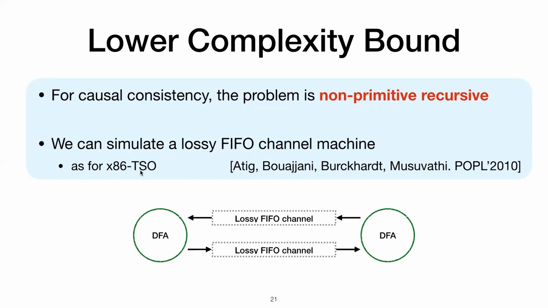It's exactly the same reduction that appeared for x86 TSO in this paper. Essentially, one uses the memory to simulate the channel, and things just work, without any difference between TSO and causal consistency. In particular, there aren't any write races in this reduction. So this is very similar. It just gives us a very hard lower bound for the complexity.